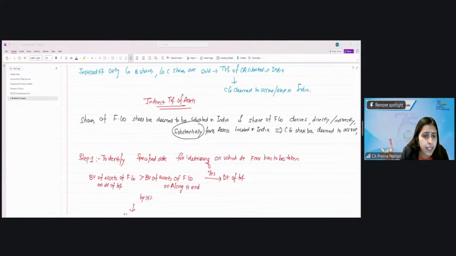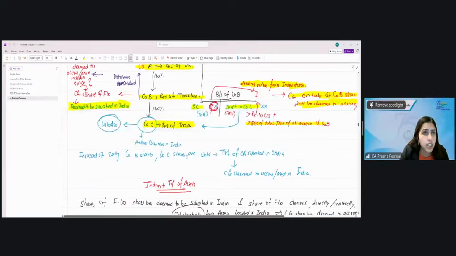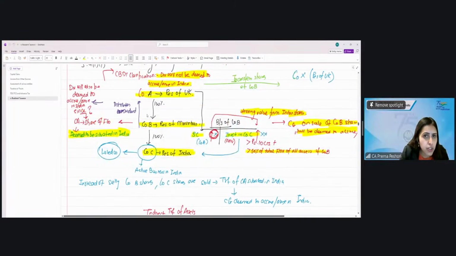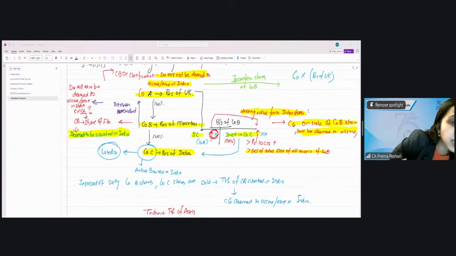So if the foreign company is there, let's say this company B, now if company B has its only investment in company C which is a resident of India, yes Jay, Vodafone case. So in that particular case, the shares of company B are deriving the value from the asset in India because the only asset in the balance sheet of company B, which is a foreign company, is the shares of the Indian company.